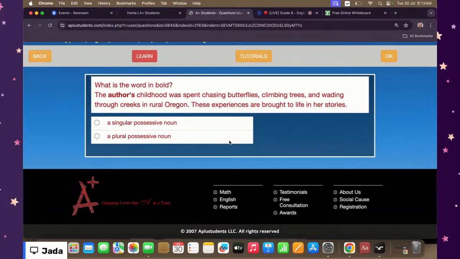"The author's childhood was spent chasing butterflies, climbing trees, and wading through creeks in rural Oregon. This experience is brought to life in her story." Author. So author is singular, but to make it singular possessive, you need to put your apostrophe and then your s.